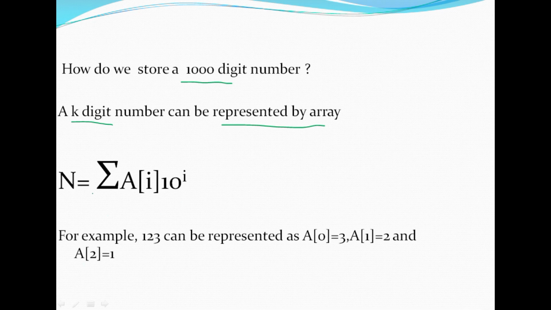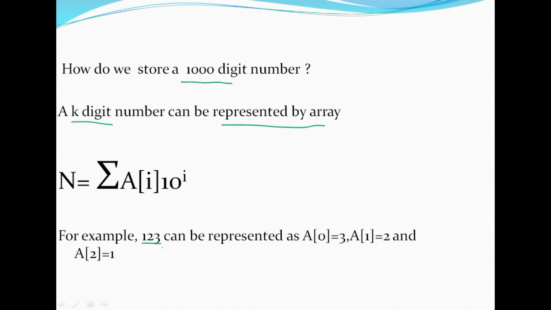The implicit representation is that, with i going from 0 to k minus 1, n is the sum of a of i into 10 to the power i. For example, the integer 123 can be represented by an array of length 3, where in a0 I store 3, in a1 I store 2, and in a2 I store 1.